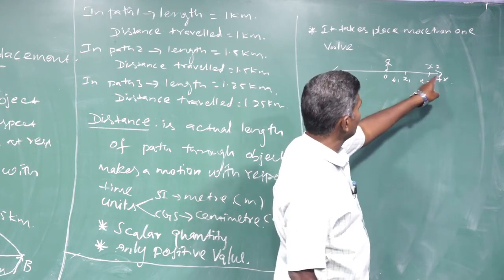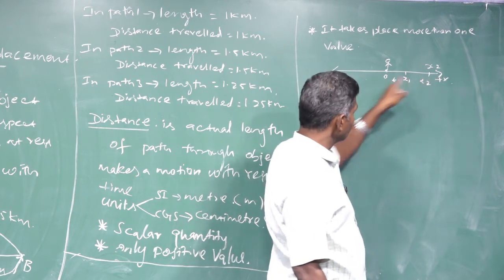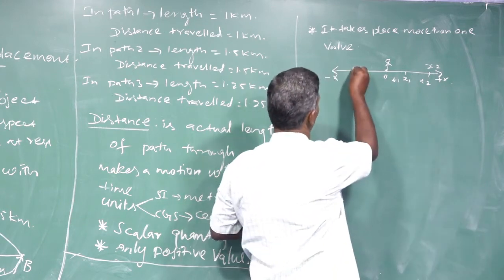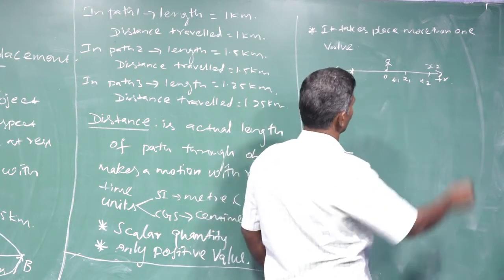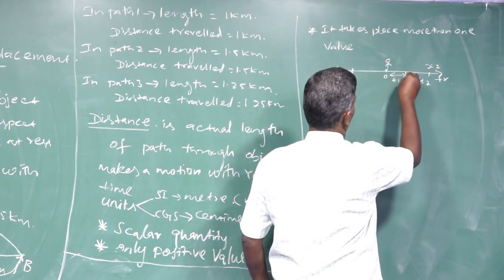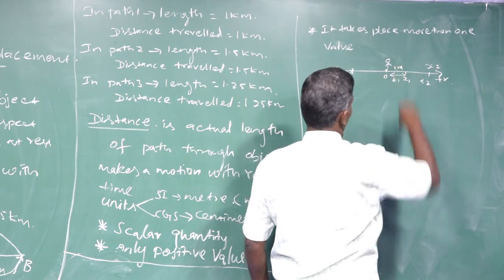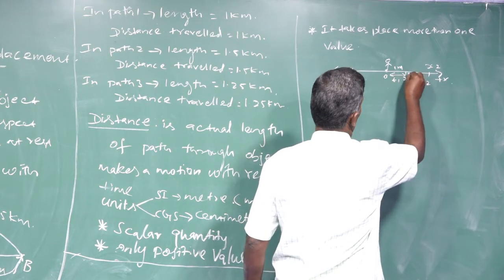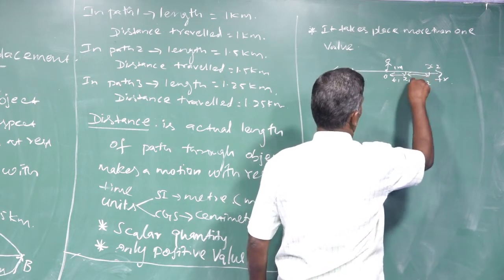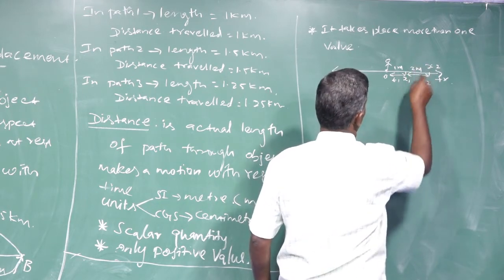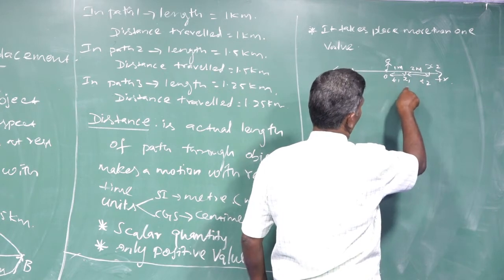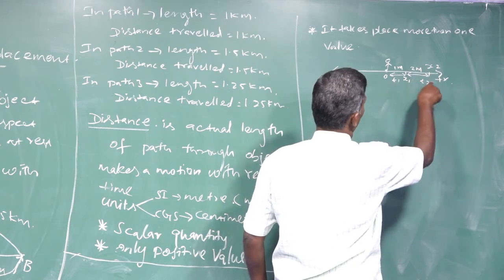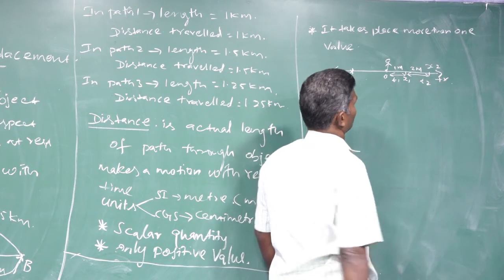He may return back through the same path and reach the final position here. If it is 1 meter to x1, then it is another 2 meter. This alone is 1 meter. From x1 to x2, another 2 meter.